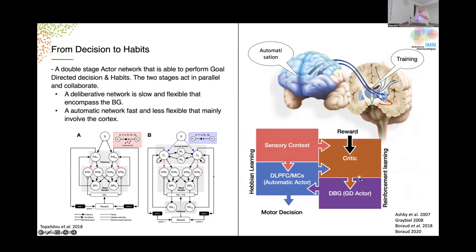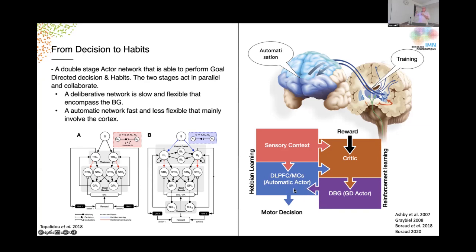And the way it interacts is that you have the critic, which for the moment is not completely identified, that will provide the reward prediction error to the basal ganglia, which will play the role of the goal-directed actor. Information is also transmitted, this is a loop network, to the prefrontal or motor cortical area, it depends on the kind of behavior you generate, that will generate a motor decision, and that will also play the role of the automatic actor.